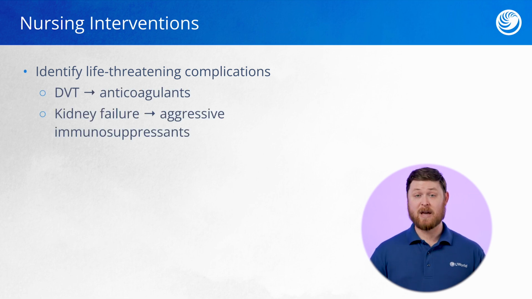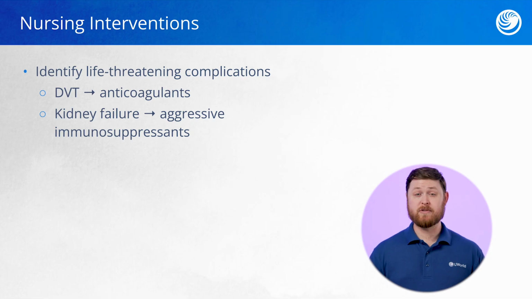If a client has manifestations of DVT, such as a unilaterally painful and swollen extremity, the nurse should anticipate administration of anticoagulants. And for manifestations of kidney failure, such as peripheral edema and low urine output, the nurse should anticipate aggressive administration of immunosuppressants.